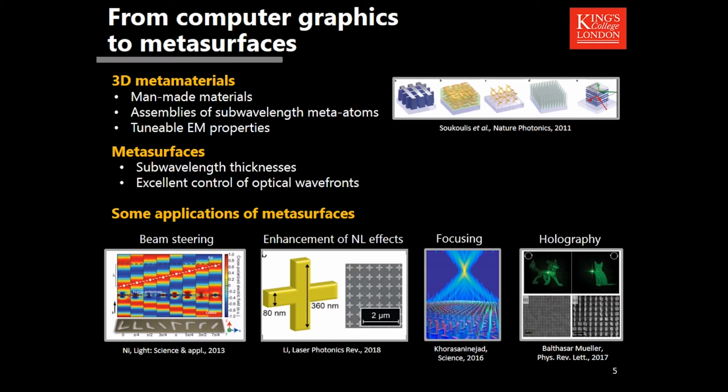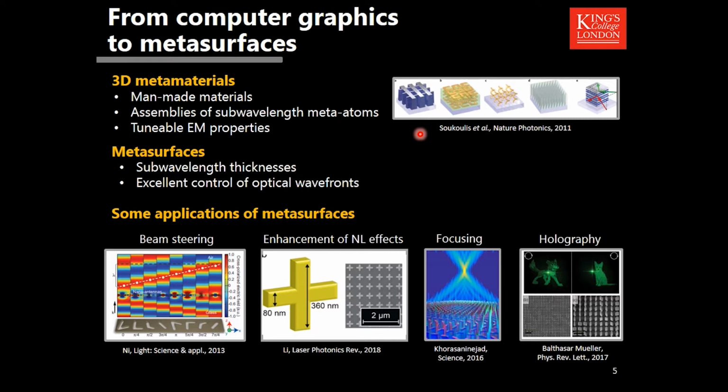Metasurfaces are essentially nanostructured metamaterials that are of subwavelength thicknesses. Like metamaterials, here are a few examples of them. They are man-made materials that consist of assemblies of subwavelength meta-atoms and have very highly tunable electromagnetic properties.